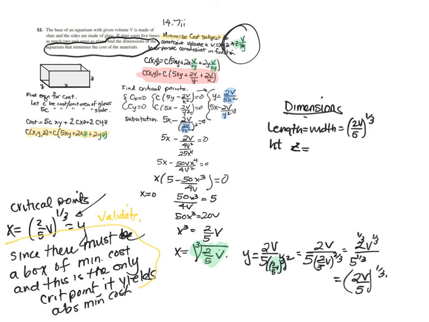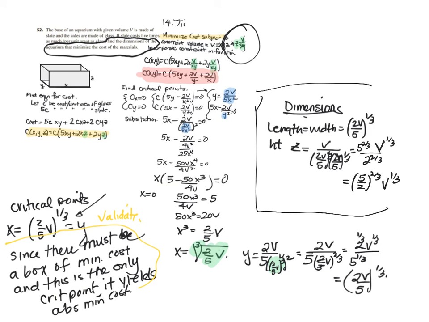Z equals the volume over x times y. And if we do that, we're going to end up getting here, which I suppose we could write as 5/2 to the 2/3 times v to the 1/3. So those are the dimensions. Hope that helps.